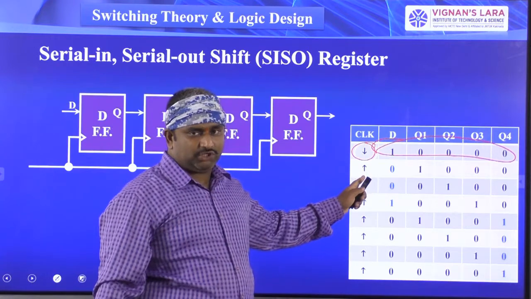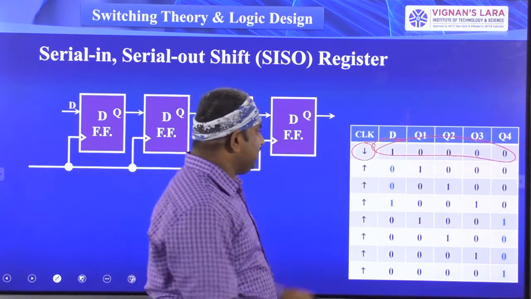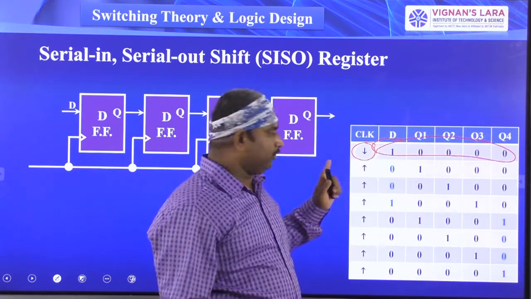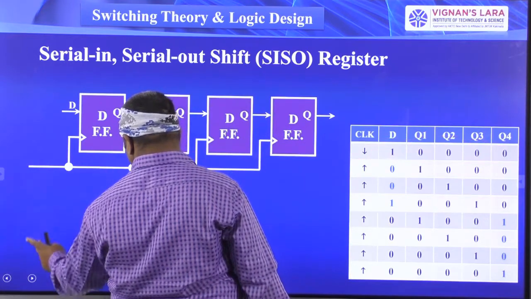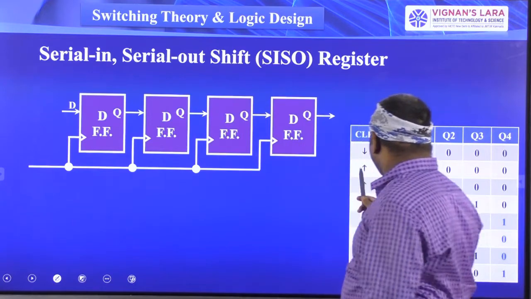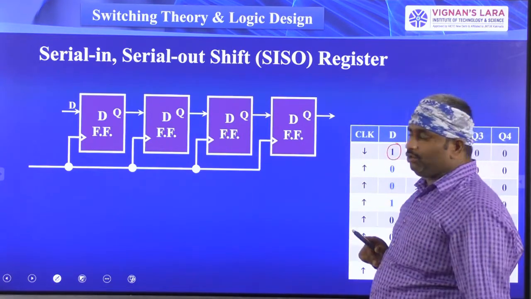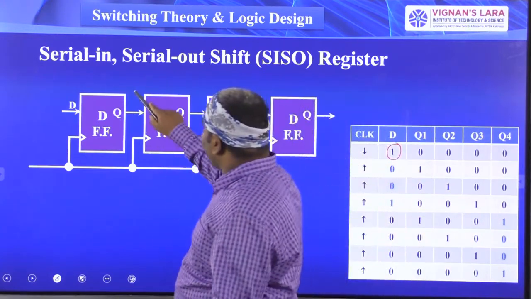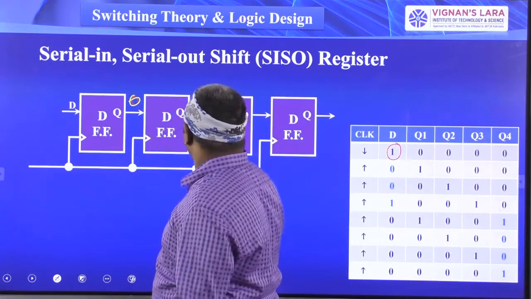Now coming to the first clock pulse. When you are giving the first clock pulse, the D input is equal to 1, and the Q1, Q2, Q3, Q4 values are 0, 0, 0, 0.